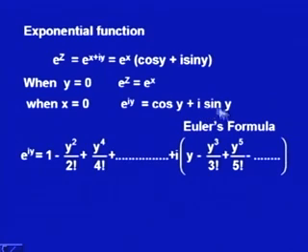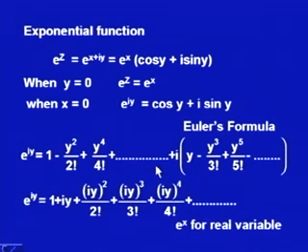Since cos y and sin y are functions of the real variable y, we can write cos y as 1 minus y^2 by factorial 2 plus y^4 by factorial 4 plus and so on. So, this is the cosine series. Similarly, we write down the sine series here, and it is y minus y^3 by factorial 3 plus y^5 by factorial 5 minus and so on.